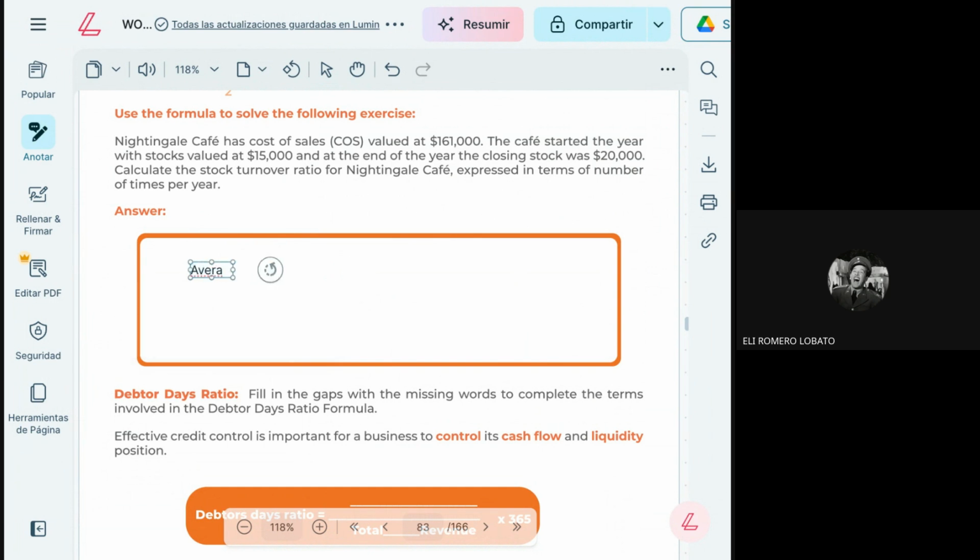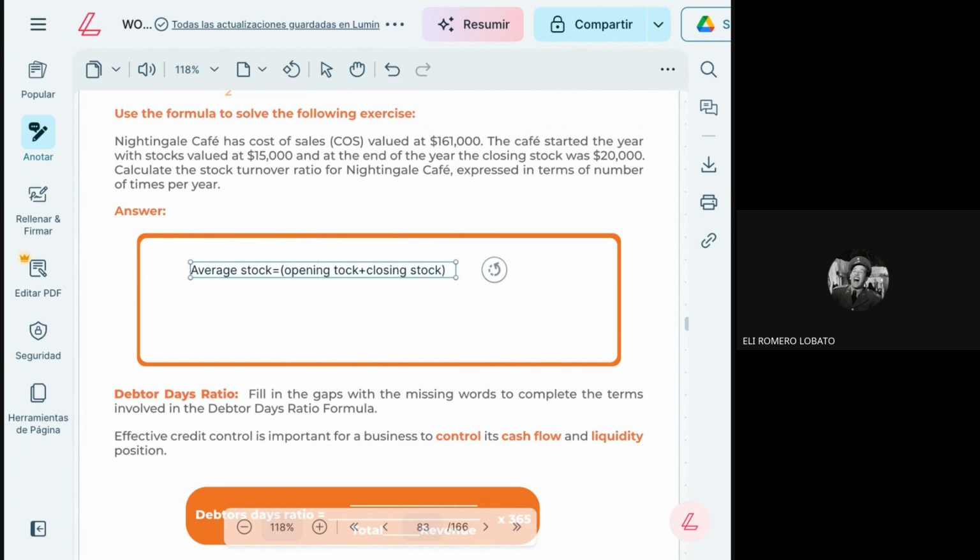Average stock is equal to, it's given in your formula, opening stock plus closing stock to have the average stock, okay?